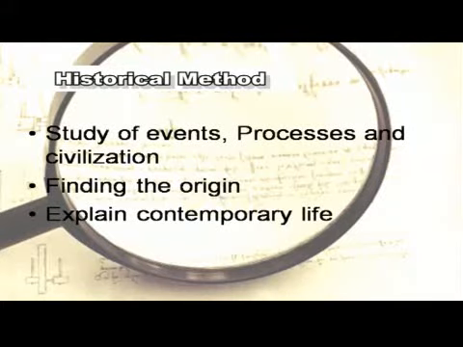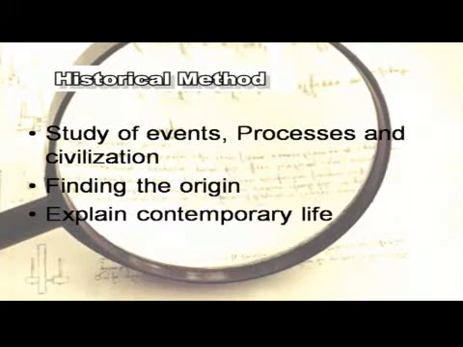First, we will study the historical method. Historical method refers to the study of events, processes and civilizations. It tries to find out the origin of processes and events. The aim of historical sociology is not just finding out the origin of a completed process.